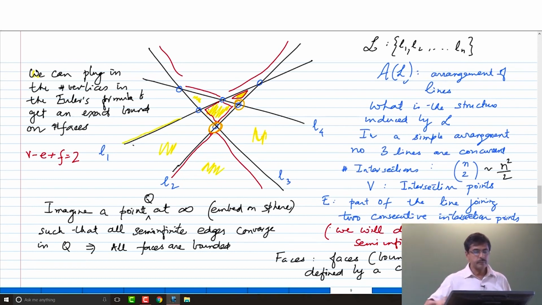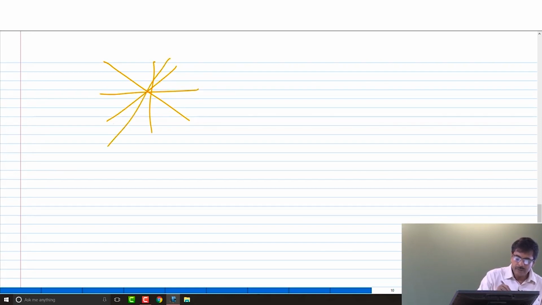I have drawn this diagram, if I could actually zoom out, what would you have seen from very far? Suppose I zoom out on this, what happens? Let me maybe draw a diagram. If I went very far, it will basically look like a bunch of lines.